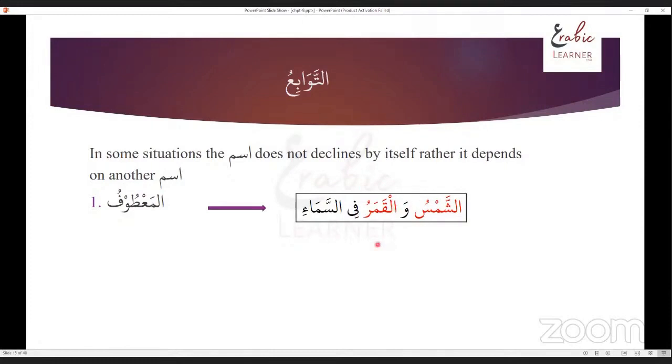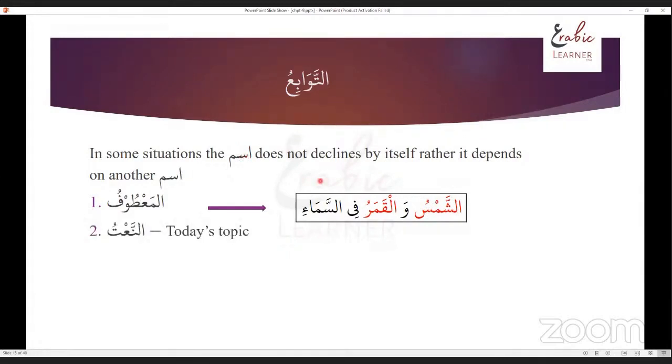But it always follows the status, which is i'rab. This is for the ma'tuf. It is in the category of tabi. This ma'tuf is tabi of shams here in this example. Okay? I hope it's clear, brothers and sisters. Let's take another example.